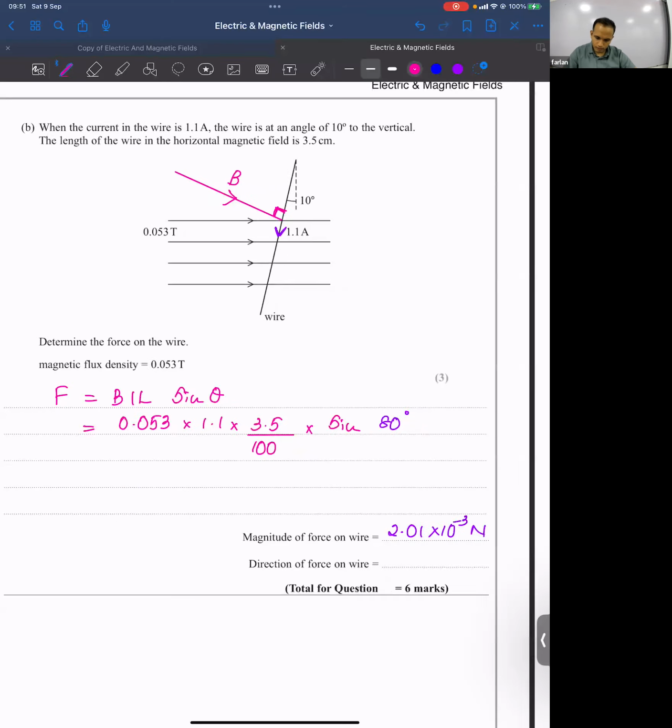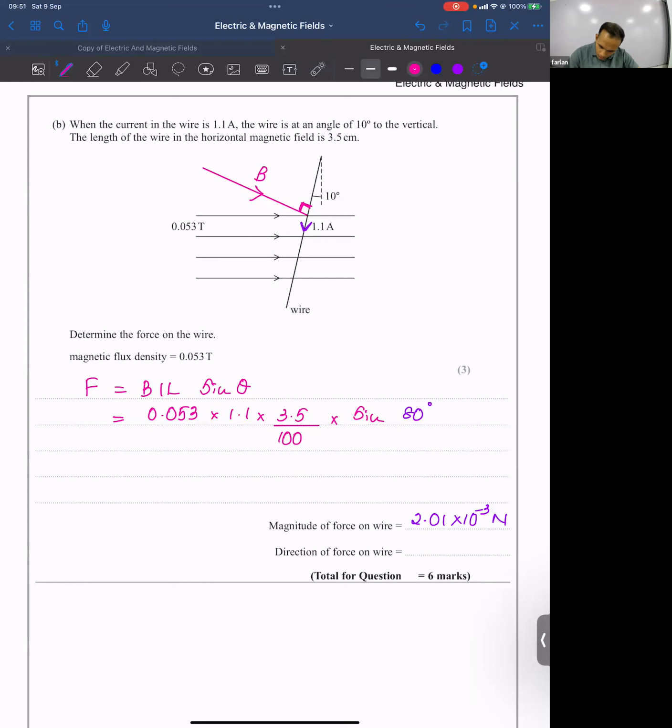So the direction of the force on the wire is out of the plane. Outwards, you can agree on that.